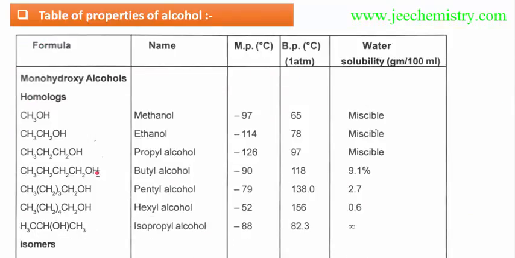Now the melting point has been discussed for some of these compounds. As the molecular weight increases, the melting point increases. But as packing increases, this needs to be taken care of. There is a 5 carbon compound, and as the branching increases, the melting point decreases.